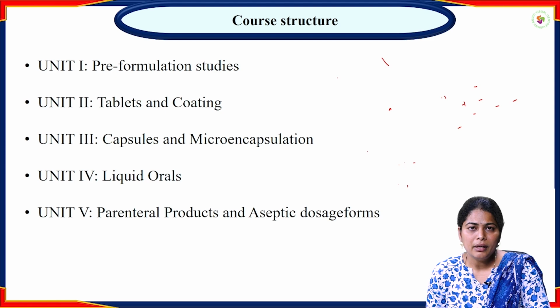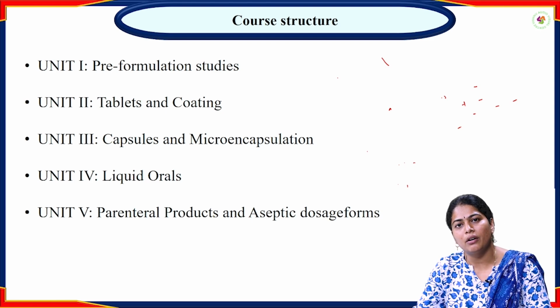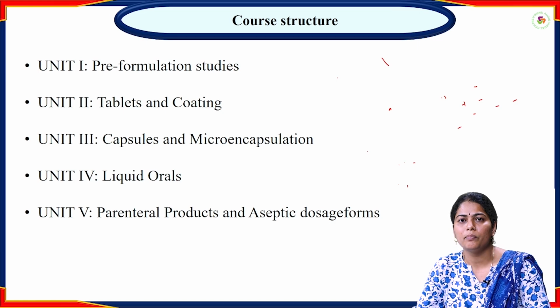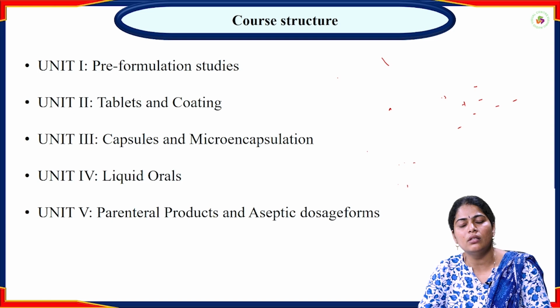So in tablet coating, we'll discuss what are the different parameters required for a tablet to coat, what is the process of sugar coating, what are the materials involved in the sugar coating process, and what is film coating, different types of film formers used in film coating. Everything we'll discuss in the coating.